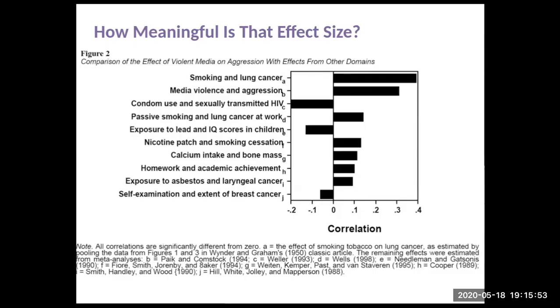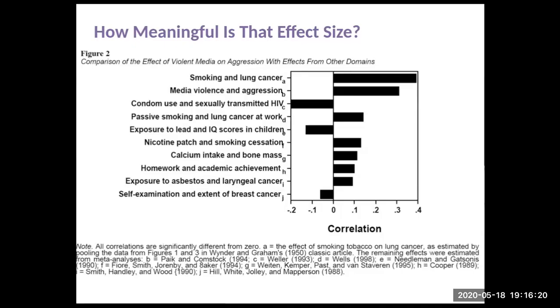Condom use and sexually transmitted diseases, or now they're called STIs, sexually transmitted infections, have a negative correlation, which is what you want to see with effect size. Passive smoking and lung cancer or secondhand smoke, exposure to lead and IQ scores in children, we see a negative correlation. Nicotine patches and smoking cessation, a little smaller. Calcium intake and bone mass, right?